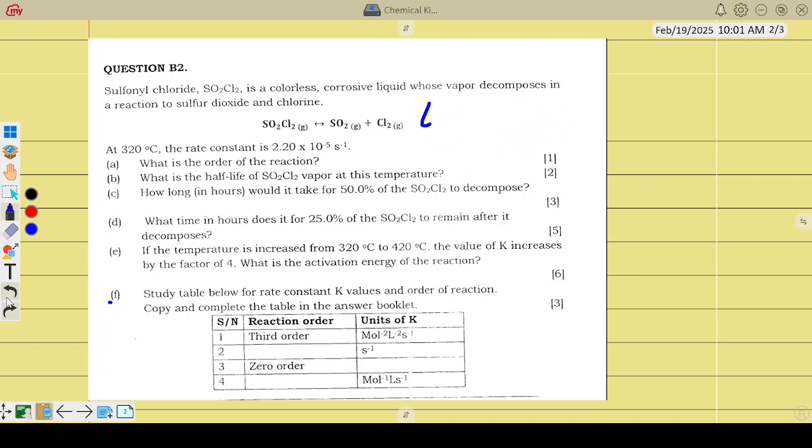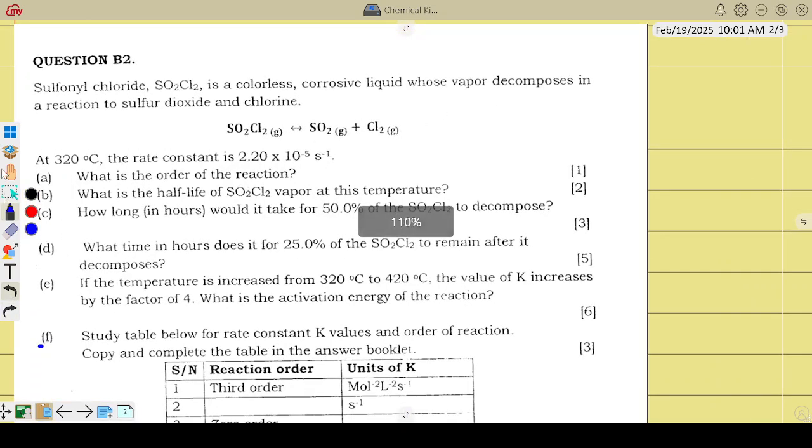Then how long in hours will it take for 50% of this to decompose? You even pray that this exam was meant for me. I'm getting an A. So how long will it take? You just have to remember this formula we're using.